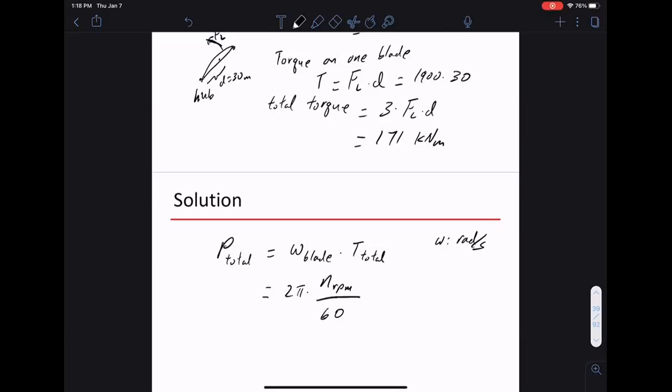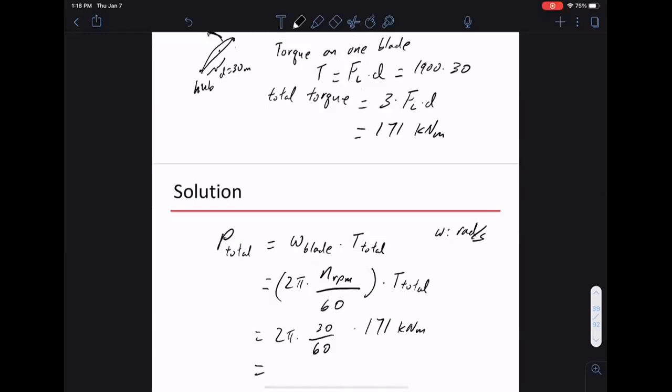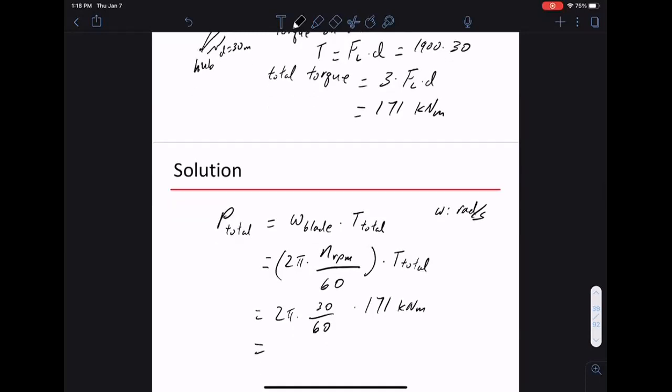Divide by 60 to get per second, times 2 pi to get radians, then times the total torque. This is 2 pi times 30 over 60 times 171 kilonewton meters. If you put everything together and work out the units, this will be 537.2 kilowatts.